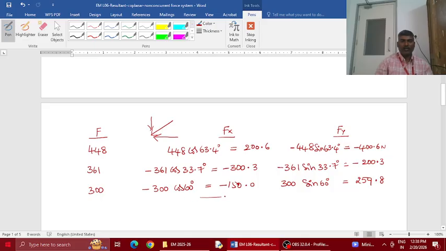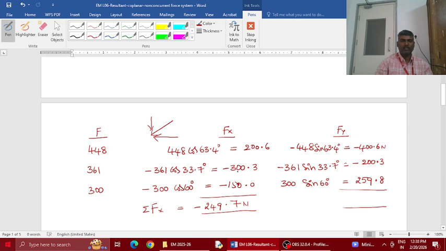So now you need to find the sum of these components. Only three forces are given to you. So sum of x components is coming minus 249.7 Newton. So add these according to the sign.